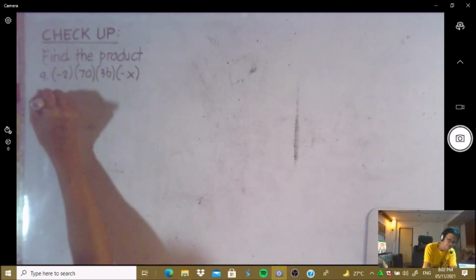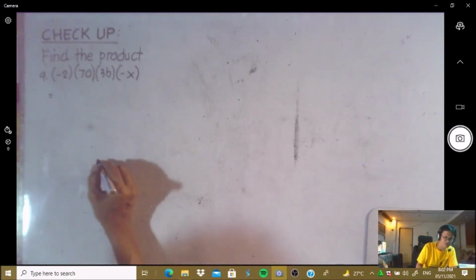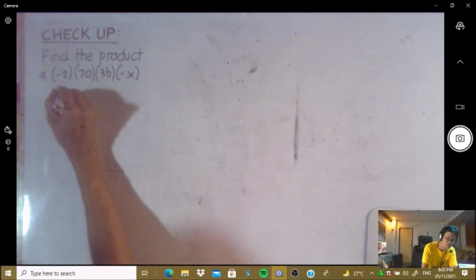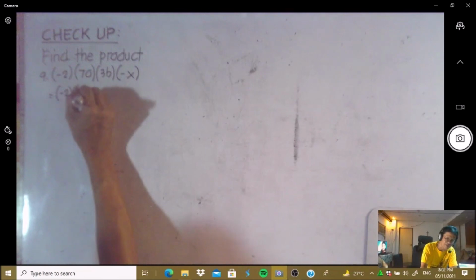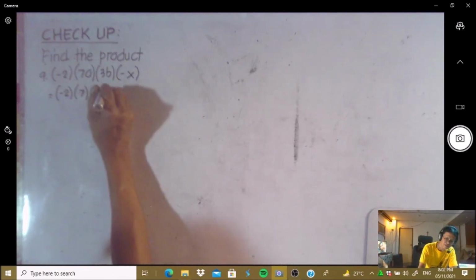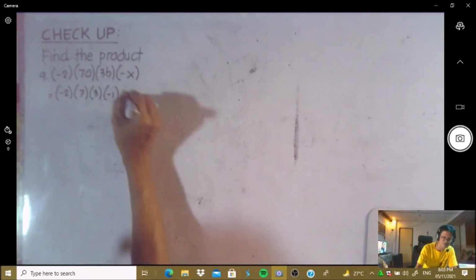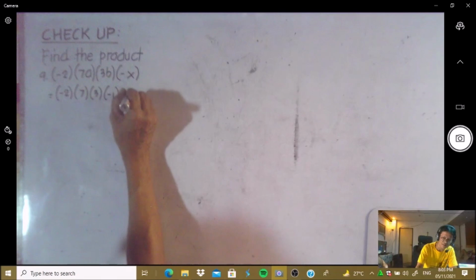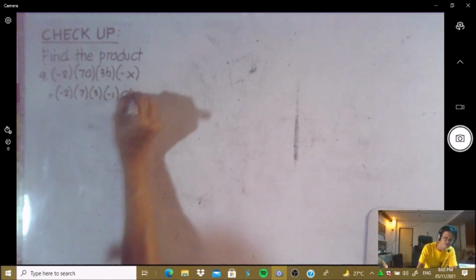Okay, therefore, we have to get first our coefficient. We have negative 2 multiplied by 7, multiplied by 3, then multiplied by -1 for x, and we have a, b, x.